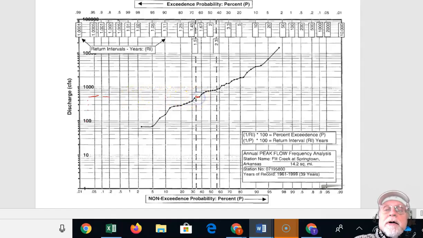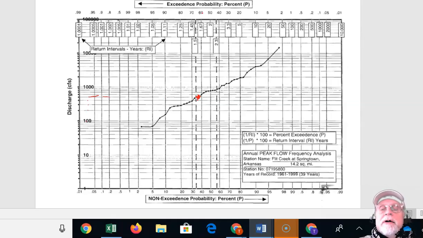So somewhere right in there. The exceedance of that would be about, oh, top is exceedance, so about 70% exceedance probability.